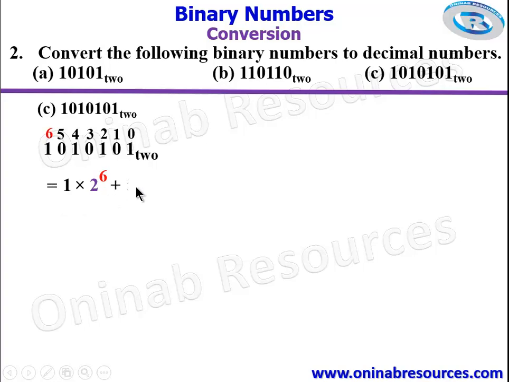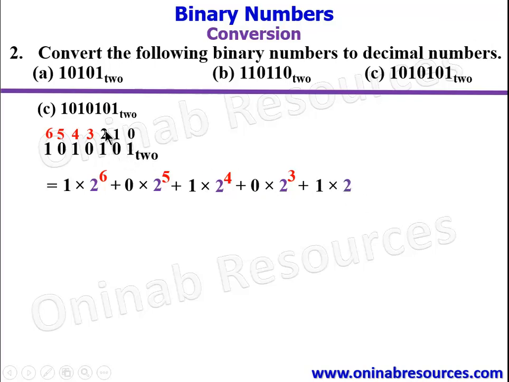Then plus 0 times 2 raised to the power 5, plus 1 times 2 raised to the power 4, then plus 0 times 2 raised to the power 3, then plus 1 times 2 raised to the power 2, plus 0 times 2 raised to the power of 1, then finally plus 1 times 2 raised to the power 0.